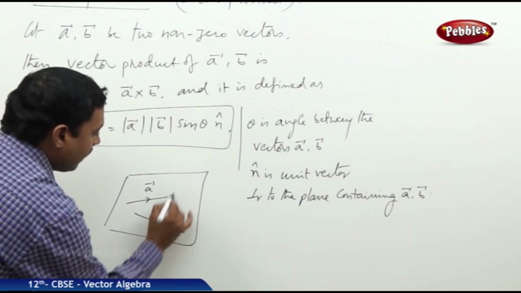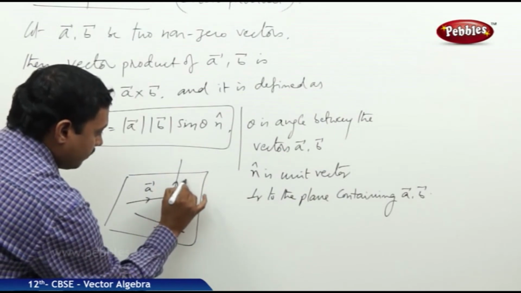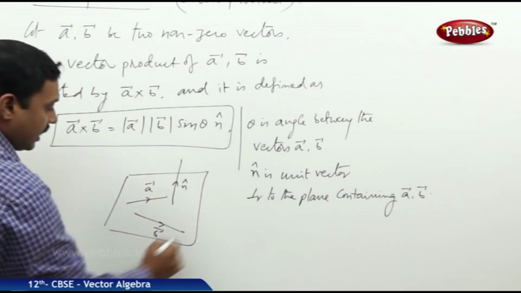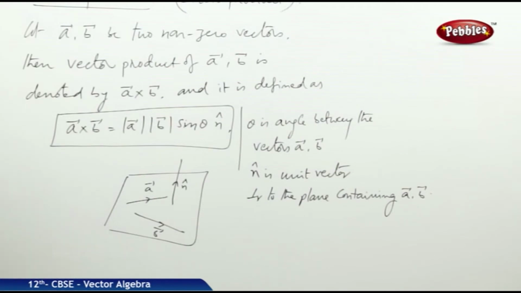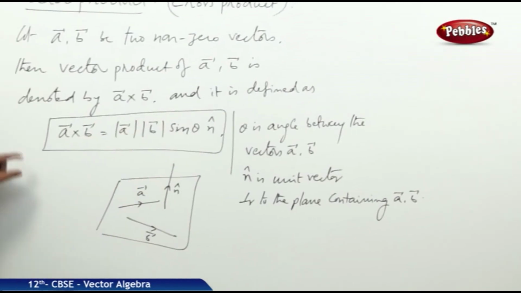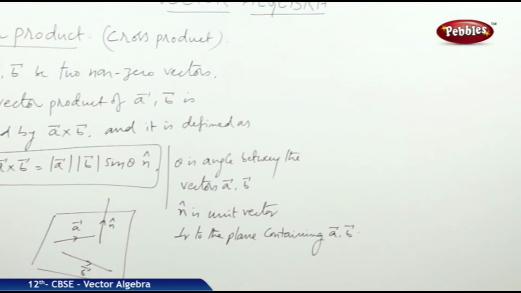Now this one is n cap, which is perpendicular to the plane containing a and b. This is the definition of a vector product.